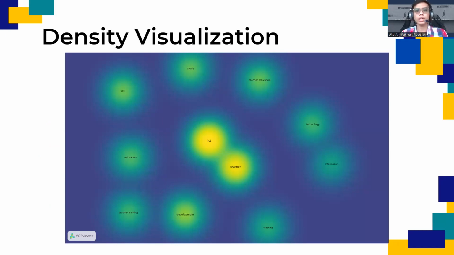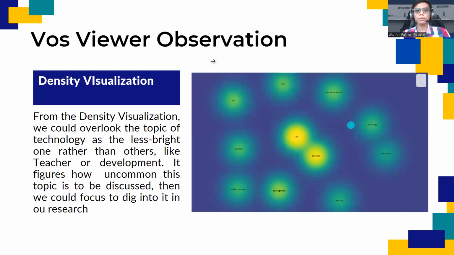And this is the inference of the density visualization. As viewers, we could overlook the topic of technology as less bright than others. So it means that technology is the highlighted point, while teacher or development is not really more up to date than technology itself. So it shows how uncommon this topic is to be discussed, so we could focus on digging into it in the next part of our research.